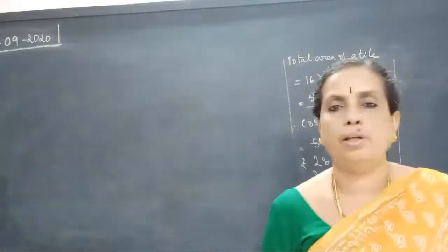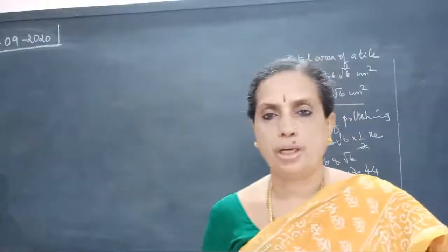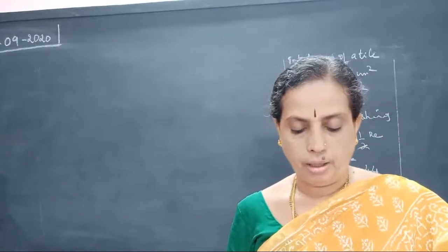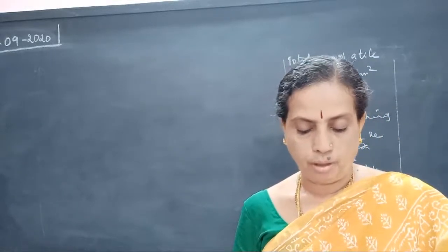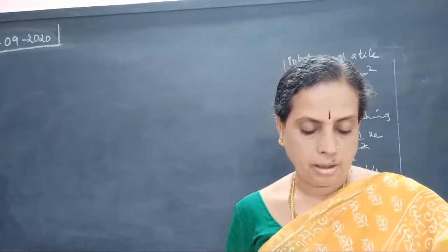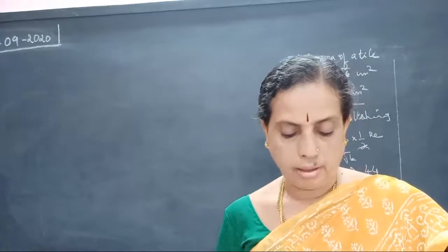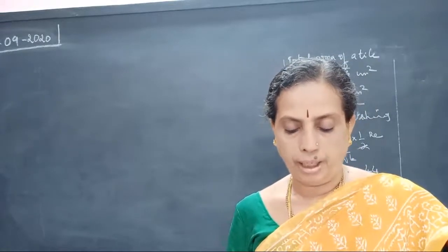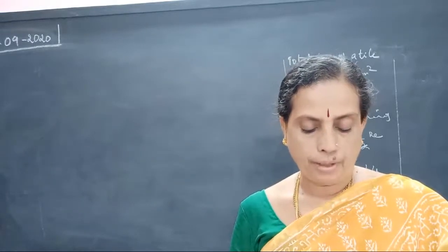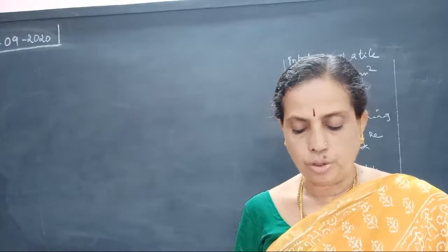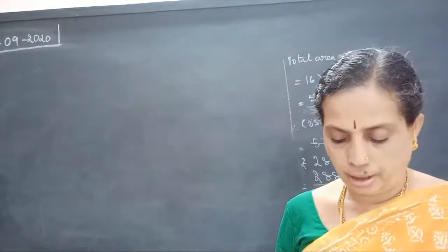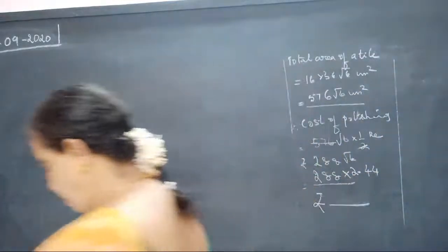By seeing the figure, you can guess which is that question. A kite is in the shape of a square with a diagonal 32 and an isosceles triangle of base 8 centimeter and side 6 centimeter is to be made of 3 different shades as in figure. How much paper of each side has been used in it is the question. We have to find out region 1, region 2, region 3 like that.